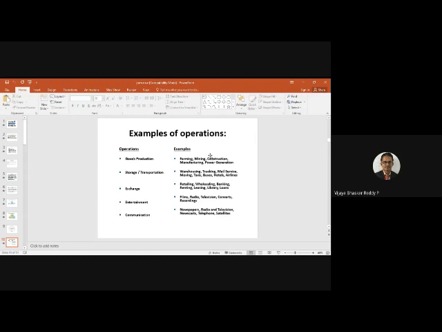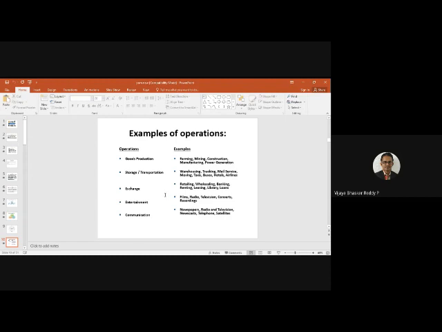Goods production includes farming, mining, construction, manufacturing, power generation. Storage and transport includes warehousing, maintenance of warehousing, trucking and mail services, moving, taxis, buses, hotels and airlines.